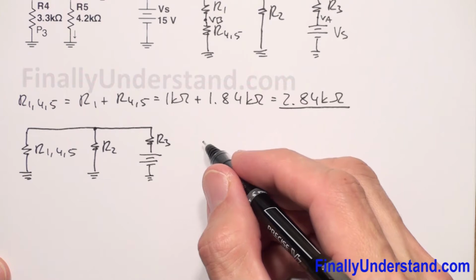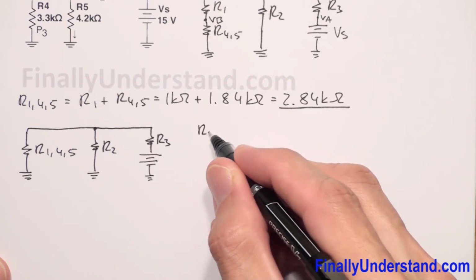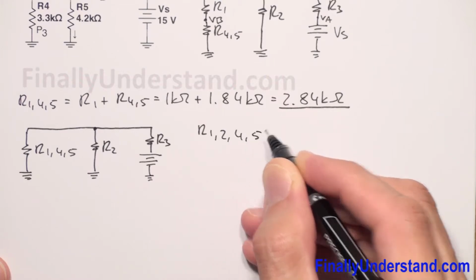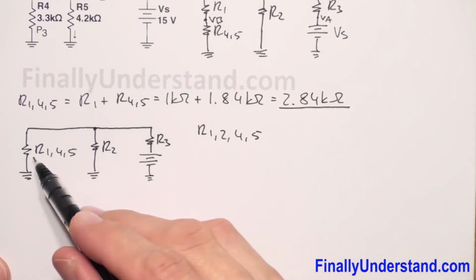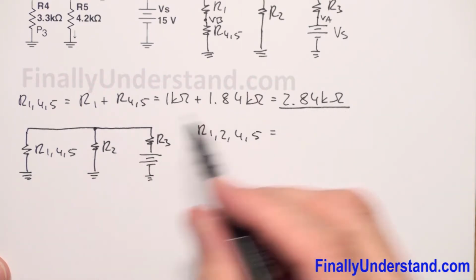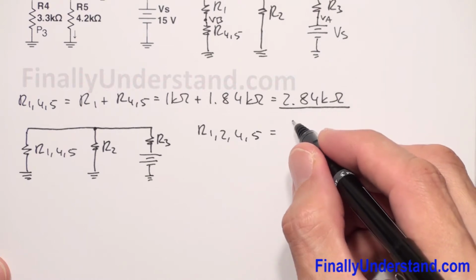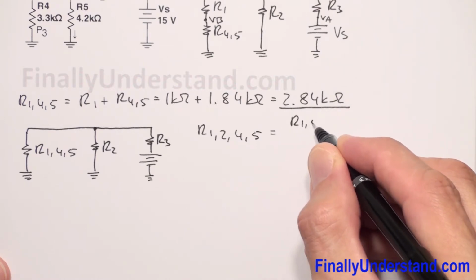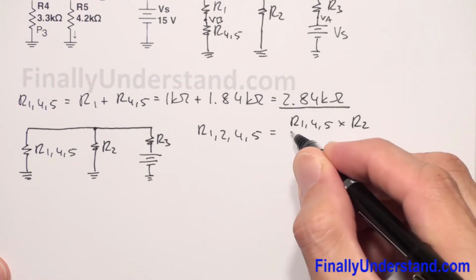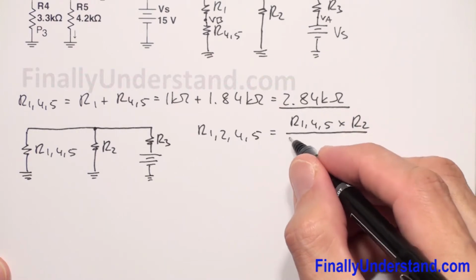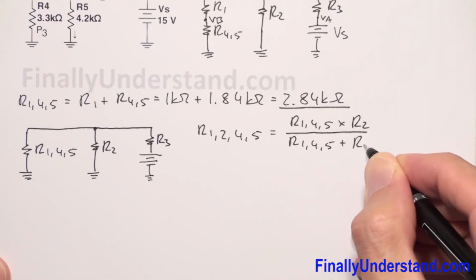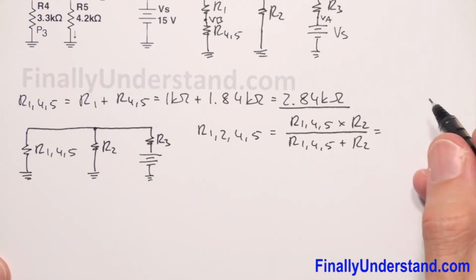So I can find the resistance R1245, which means I have to find the equivalent resistance for these two resistors. So I have them in parallel and I have two resistors, that's why I'm going to use the product over the sum. So I have R145 times R2 over R145 plus R2. Plug in the values.